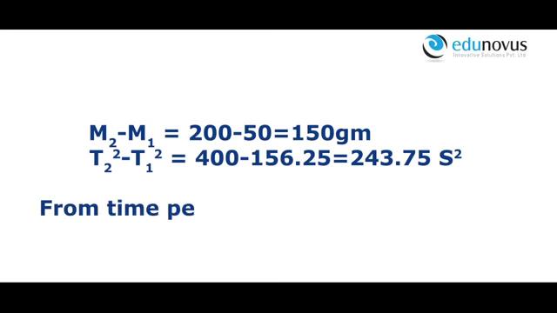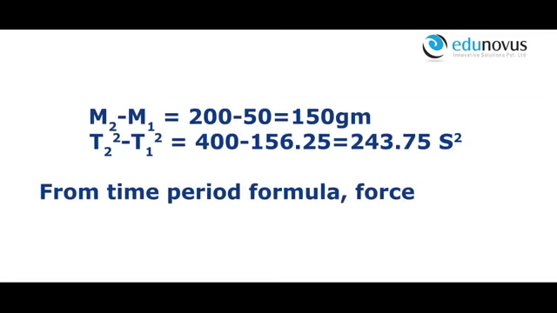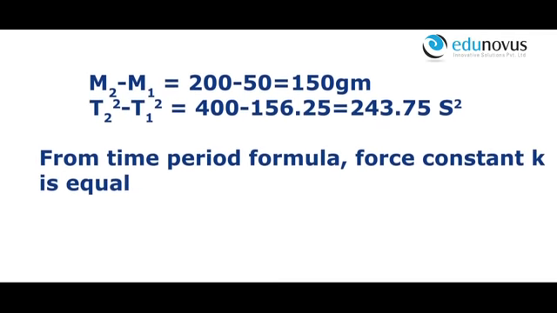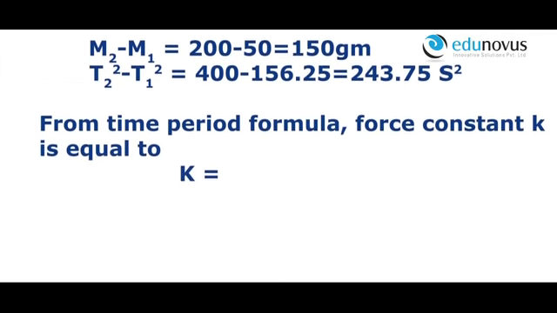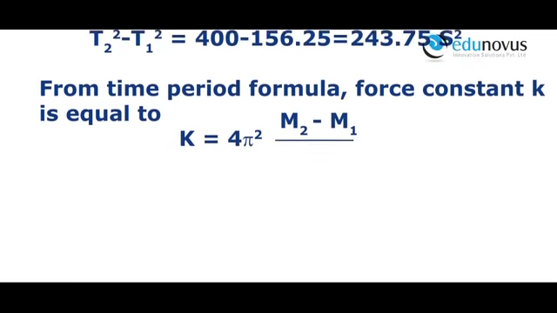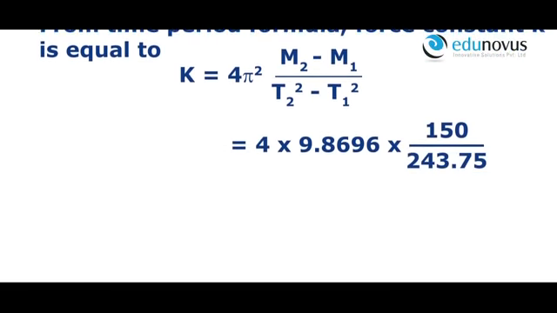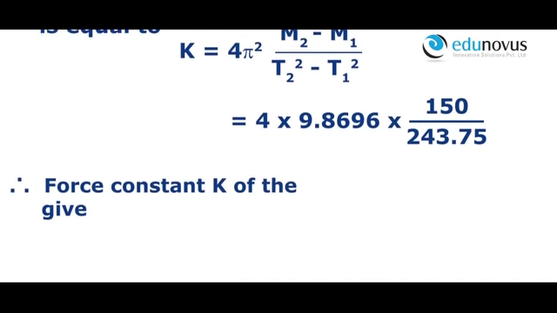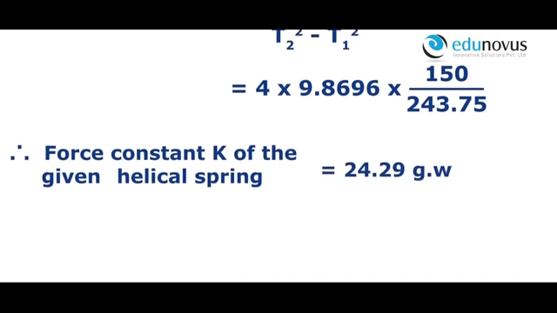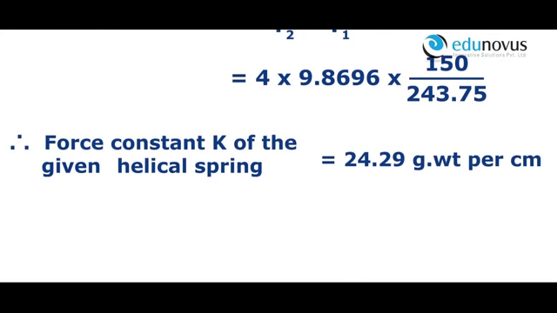From the time period formula, force constant K is equal to 4 pi square into (m2 minus m1) by (T2 square minus T1 square), which is 4 into 9.8696 into 150 divided by 243.75. Therefore, force constant K of the given helical spring is equal to 24.29 gram weight per centimeter.